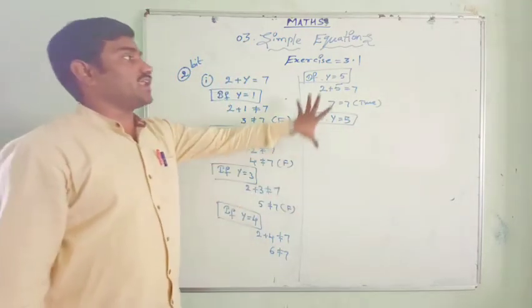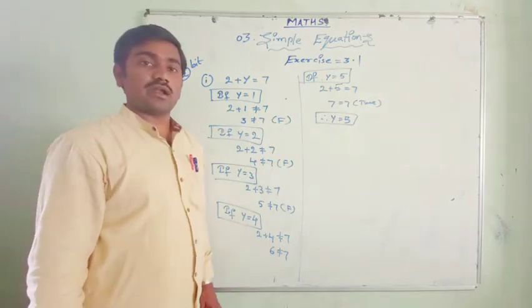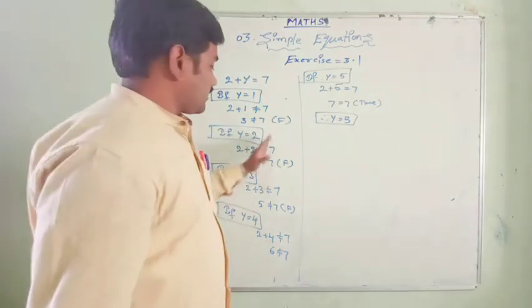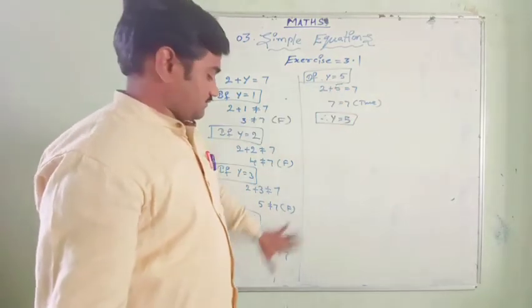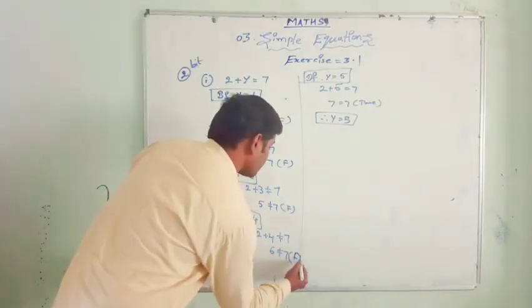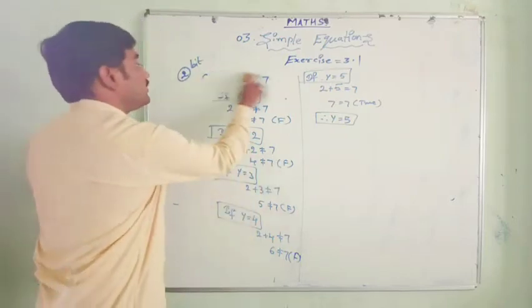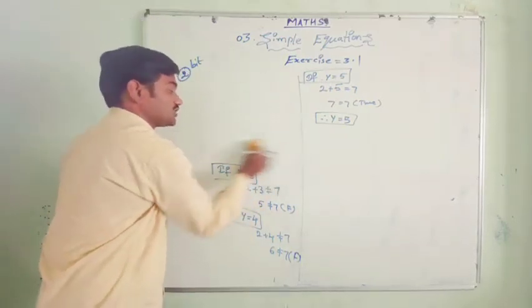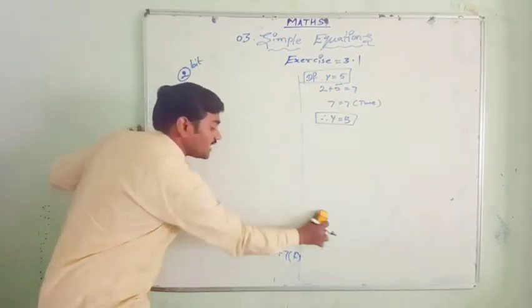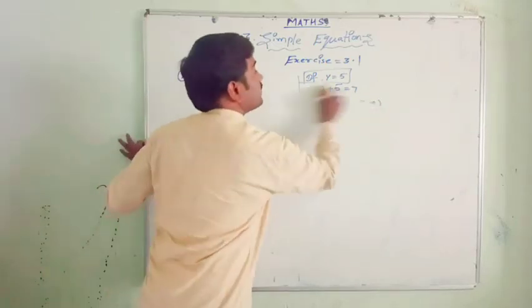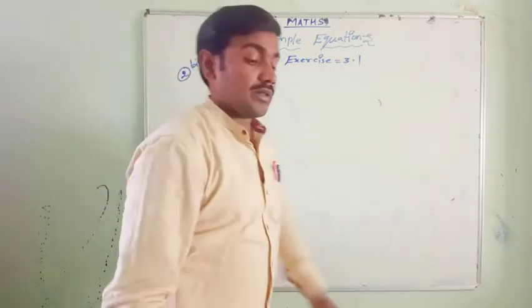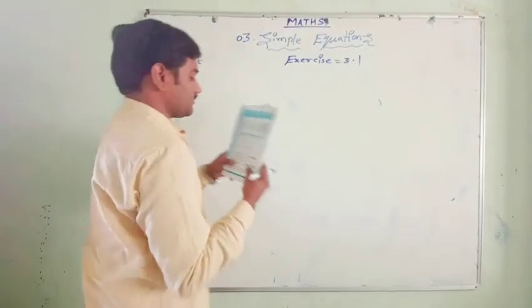This is called the trial and error method. Here 4 times you got a false statement. But at the 5th time you got a true statement. Until you get the true statement, you have to do this procedure. This procedure is known as the trial and error method. Okay. Now let's go for the second question.